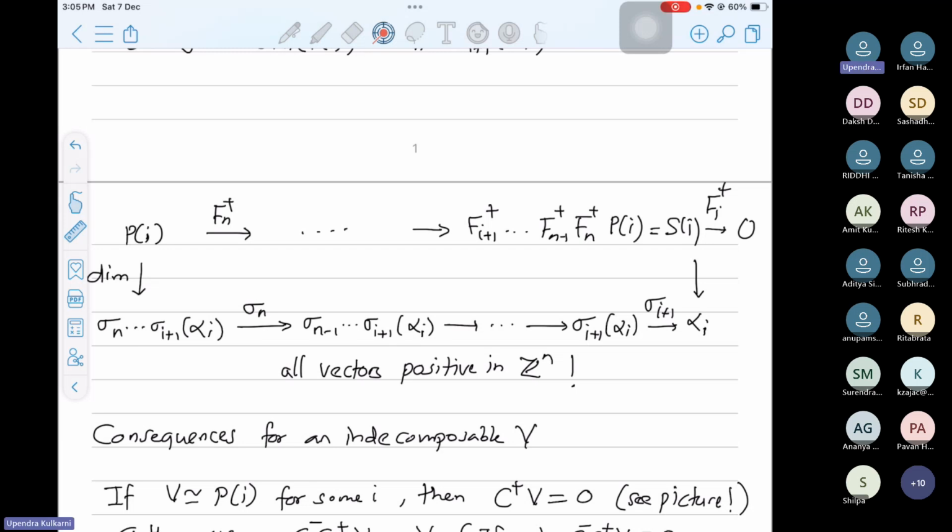If they will always be non-zero, that's all I need, because these are positive vectors. The point is they all stay positive. I will never get a negative entry if I keep going backwards. If I do that, then that's okay, because the same magic works.